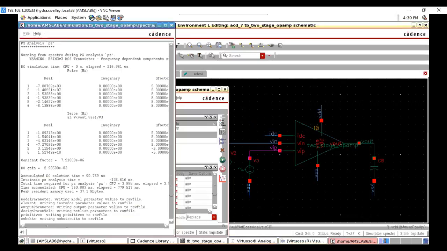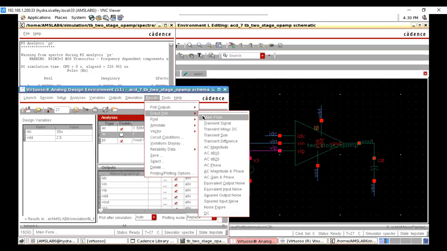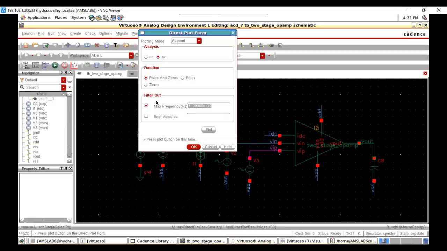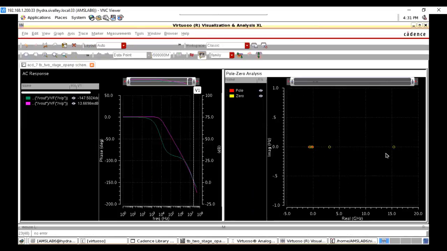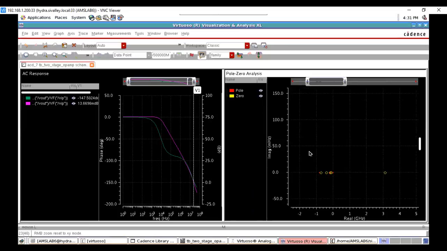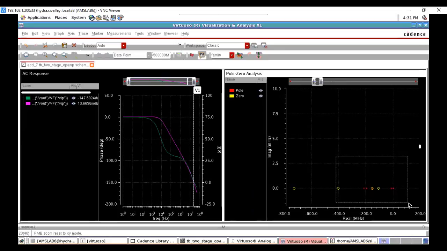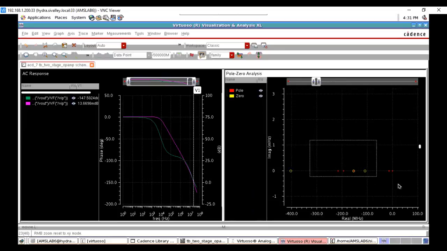Before that, we will analyze whether that zero got cancelled out or not. If that is not cancelled, it still exists here. So let me go to that pole-zero analysis and plot both poles and zeros. Oh man, so this is our problem.